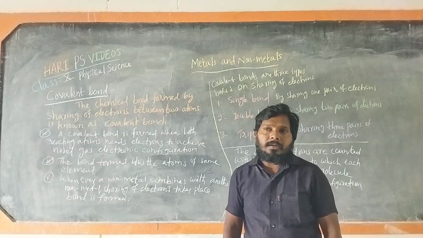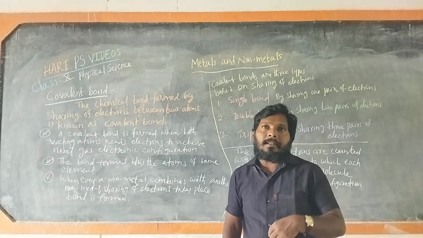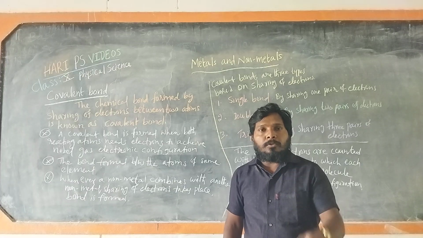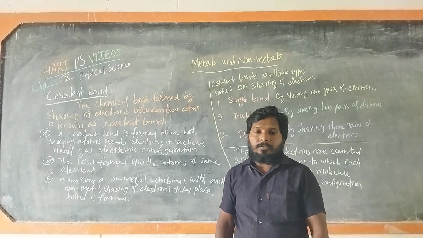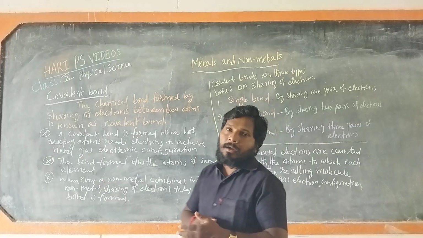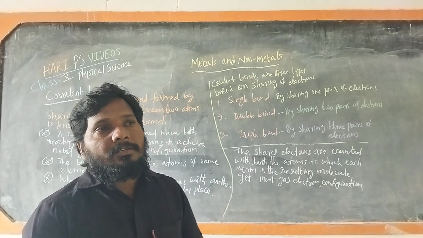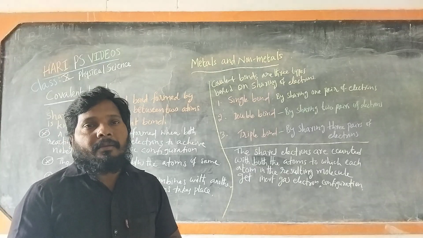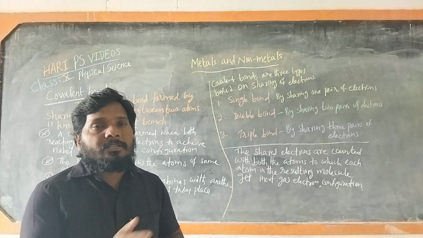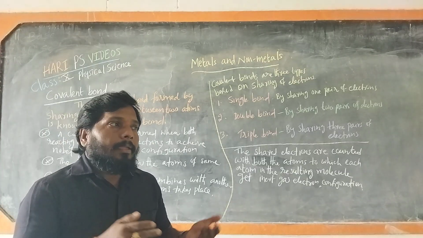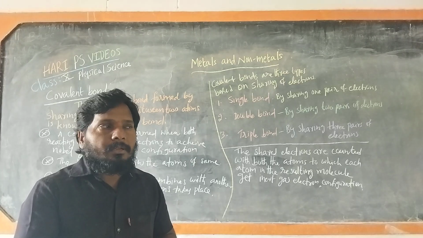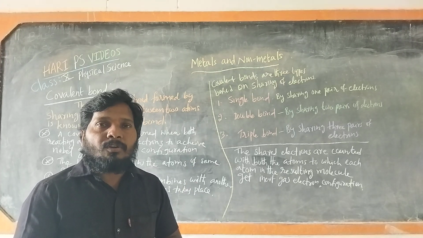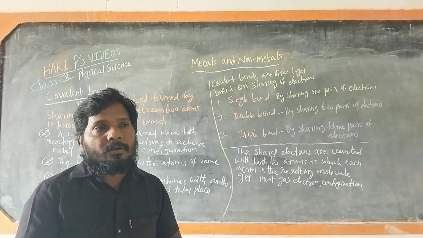The other atom gains the electron and forms a negatively charged ion, which is called an anion. The ions combine together and form a bond. That bond is called an ionic bond.